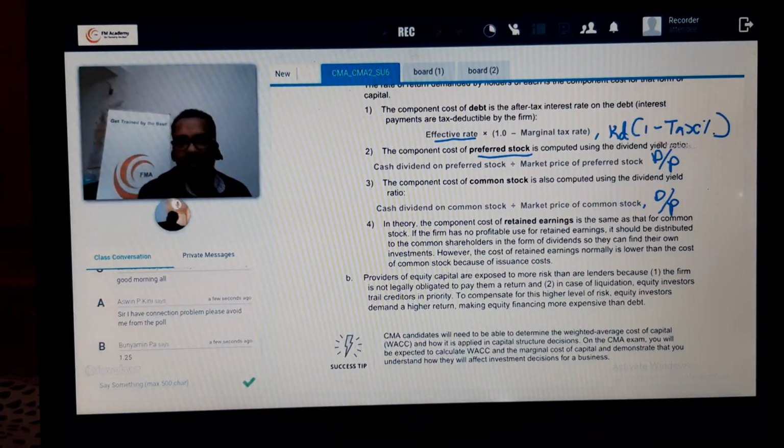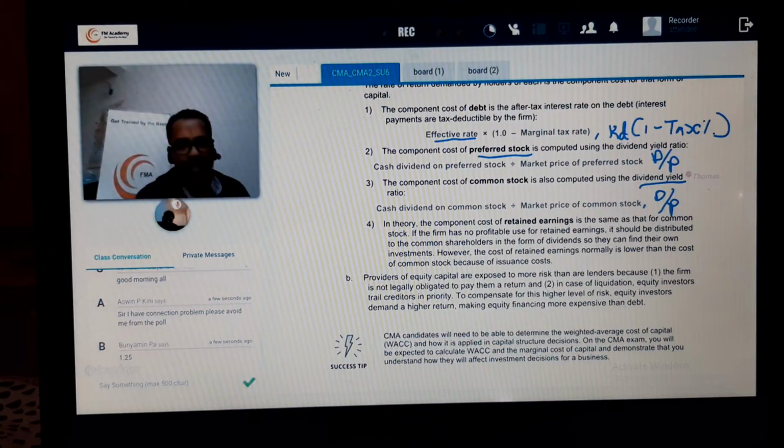Dividend divided by price is called dividend yield. You invest in a share, let's say 100 rupees, and you expect an 8 rupee dividend. Like an FD rate of return, my rate of return on dividend yield is how much?